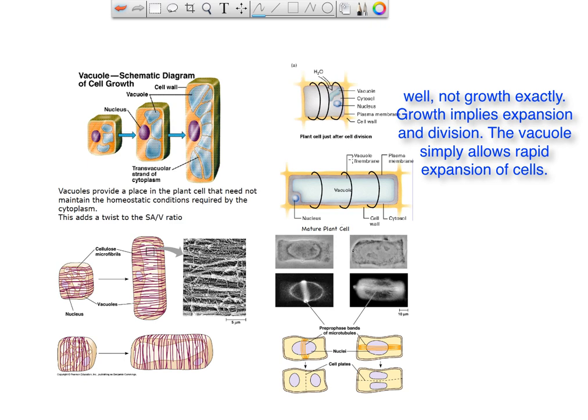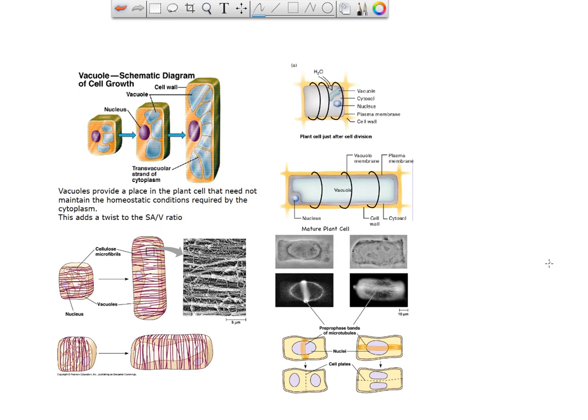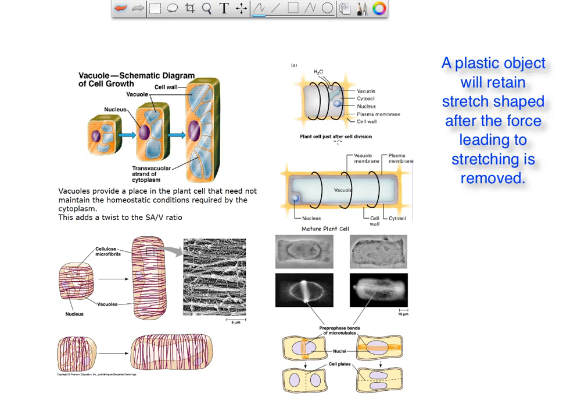Plant cells will import water into their vacuole, and that vacuole will expand and expand and stretch the cell out, which constitutes growth. Putting pressure on the walls of the cell to generate expansion of a cell requires that the cell be capable of expansion, requires that it be plastic.